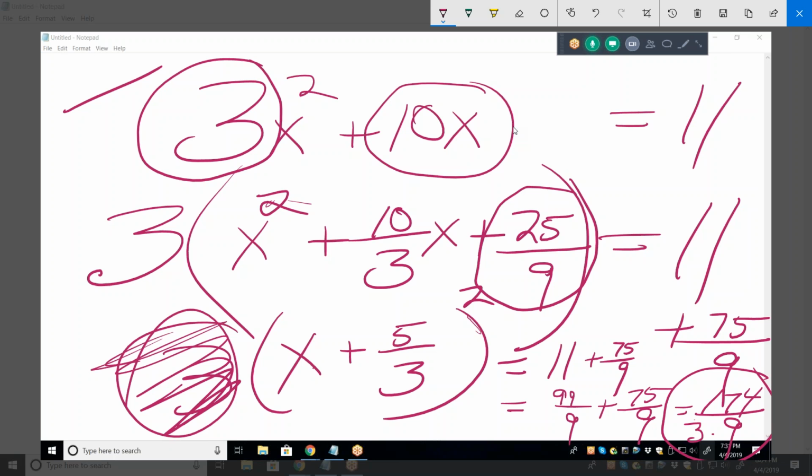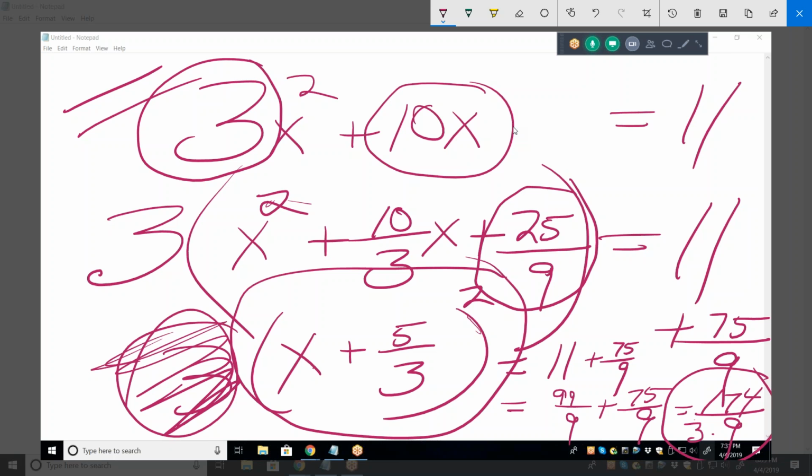In other words, once you get it to this step, you can always solve it by taking the square root of both sides, which means your answer is going to start with the words plus or minus, and then you're going to be dealing with a lot of fractions that aren't any fun. I didn't make it up so that you're going to have nice, even integer answers. Doesn't matter. This actually illustrated the problem better.